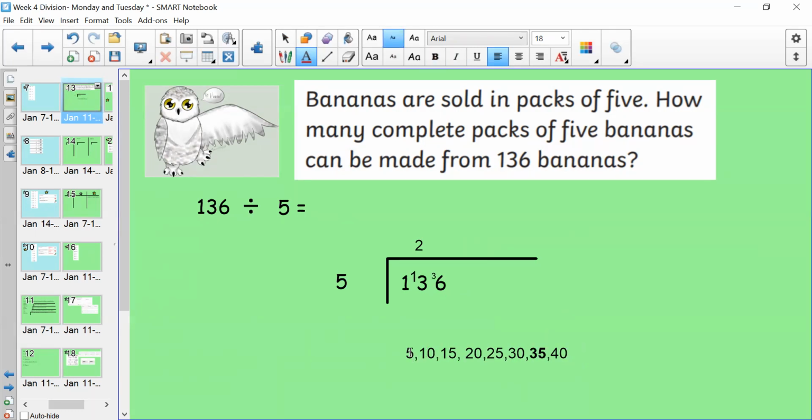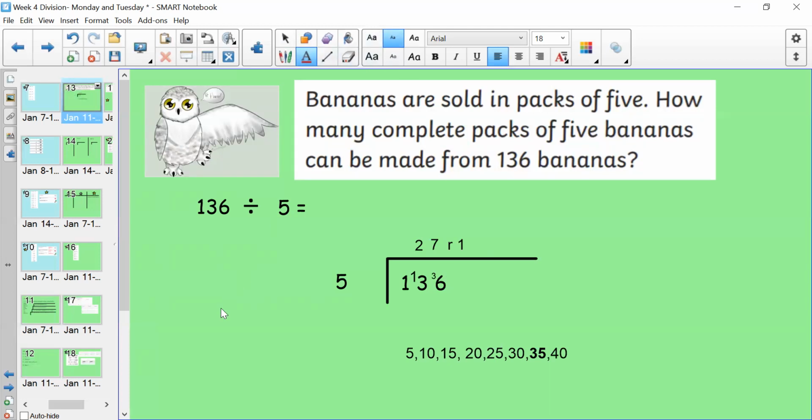So we can say it goes in 1, 2, 3, 4, 5, 6, 7 times. And then because it goes in 35, it's going to have a remainder because we needed it to get to 36. So we put R1, remainder 1. So doing this method of bus stop with remainders is exactly the same as we did with 2-digit numbers. Today we would just be focusing on doing the same thing, but with 3-digit numbers.